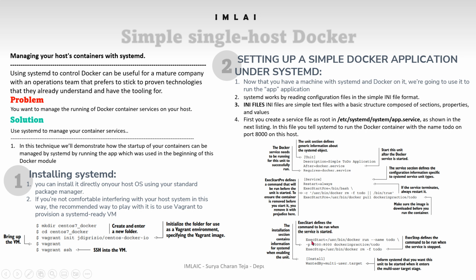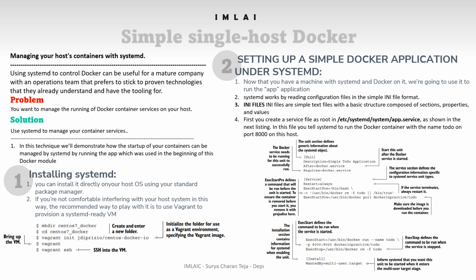ExecStart defines the command to be run when the service is started, and ExecStop defines the command to be run when the service is stopped. Then we have Install. The installation section contains information for systemd when enabling the unit, and finally it informs systemd that you want this unit to be started when it enters the multi-user target stage.